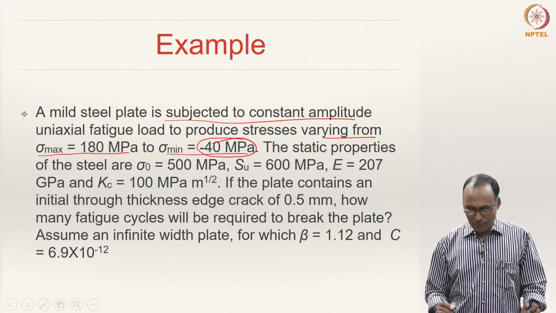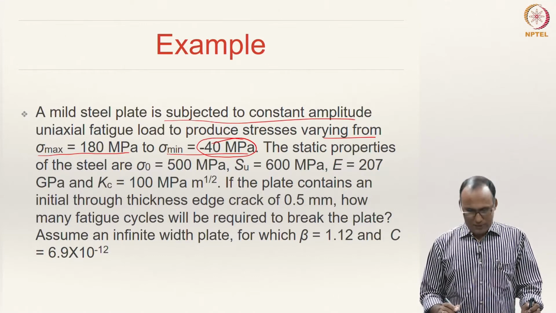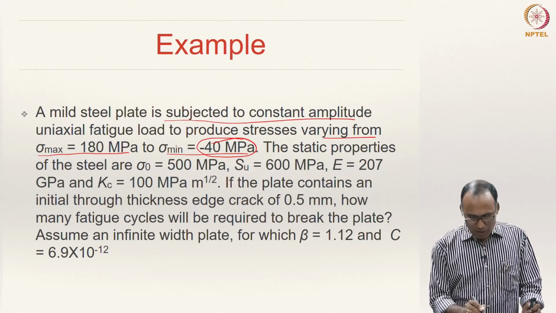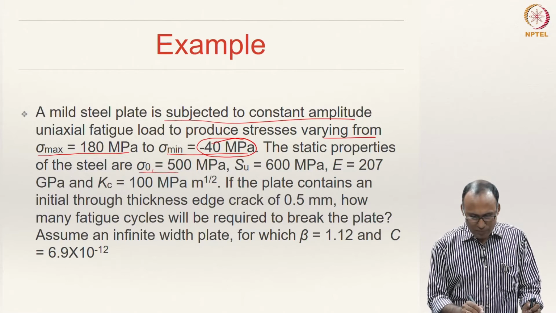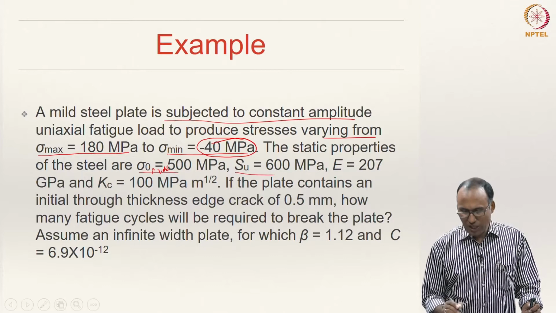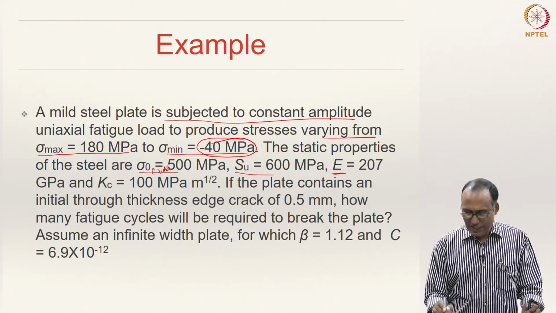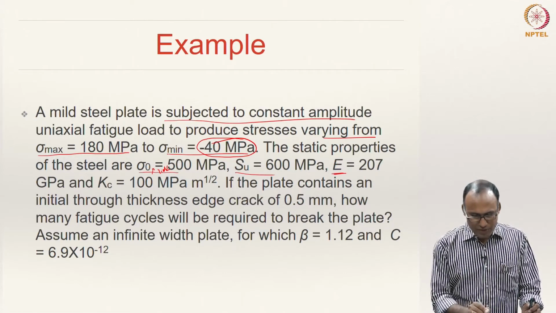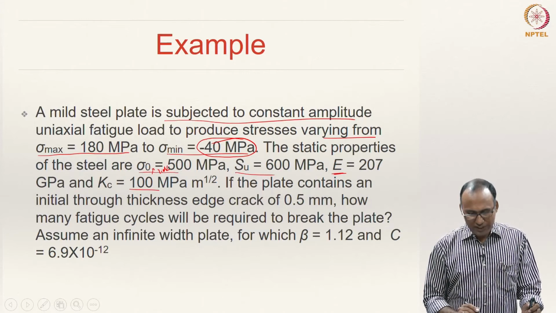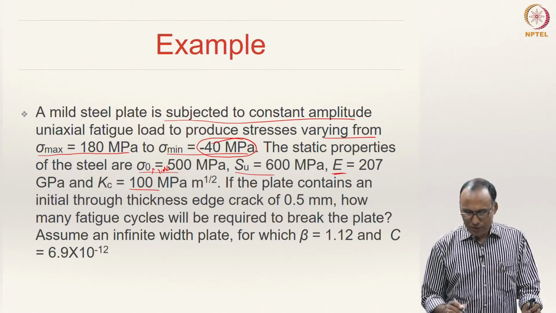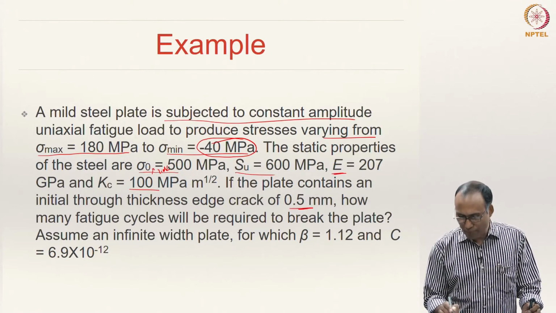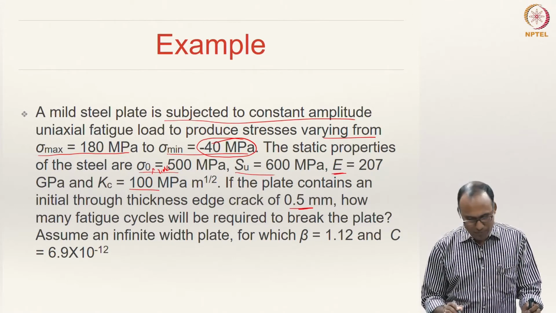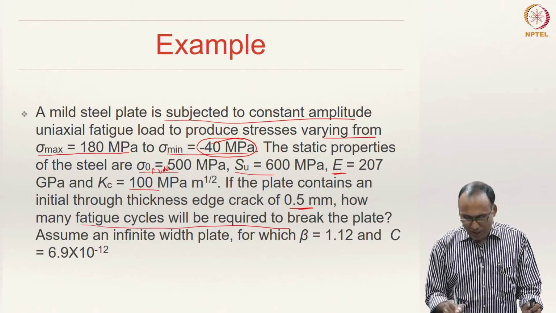The static properties of the steel are sigma naught, your yield strength, SU, the ultimate strength, and E, elastic modulus 207 GPa, Kc, your fracture toughness, 100 MPa root meter, and the plate contains an initial through thickness edge crack of 0.5 mm. So, the initial crack length is 0.5 mm.